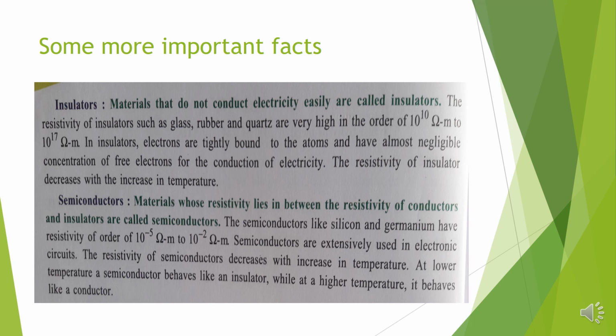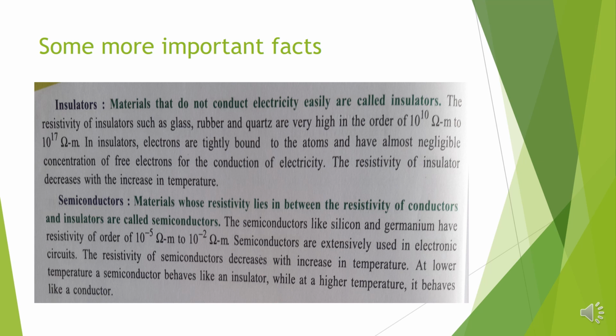Some more important facts. Insulators. Materials which do not allow electricity easily are called insulators. The resistivity of insulators such as glass, rubber, quartz is of a very high order, 10 to the 10 ohm meter to 10 to the 17 ohm meter.